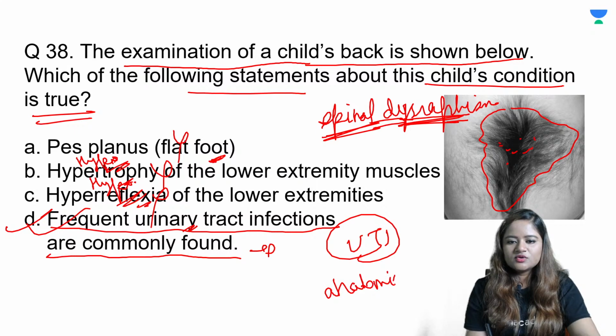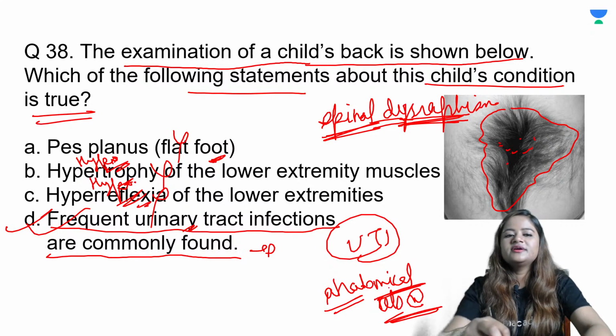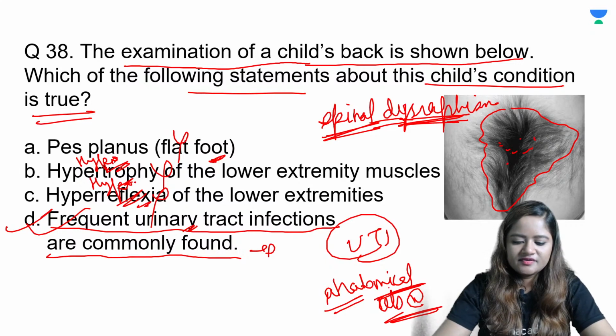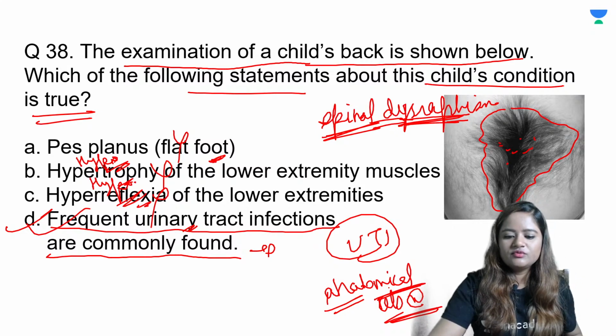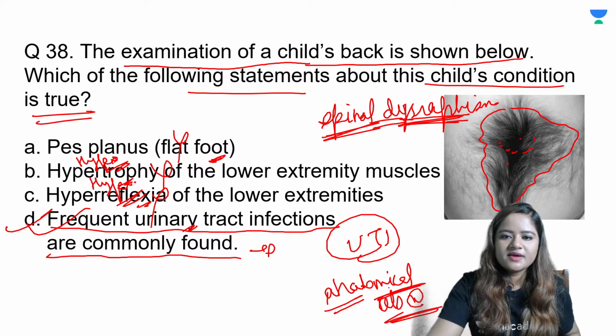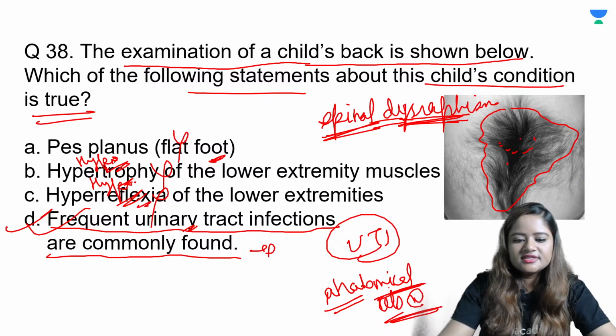You can remember this correlation. It can be asked in any form. Because of this anatomical abnormality, they have frequent urinary tract infections. So any baby who is presenting with tuft of hair, you have to rule out all the causes associated with spinal dysraphism. Okay? Is it clear to all of you?